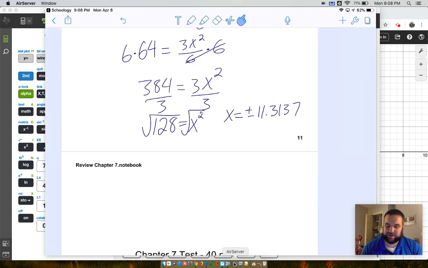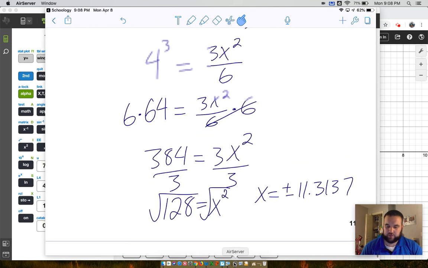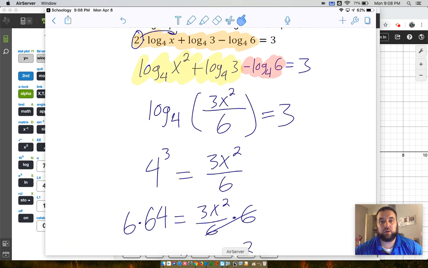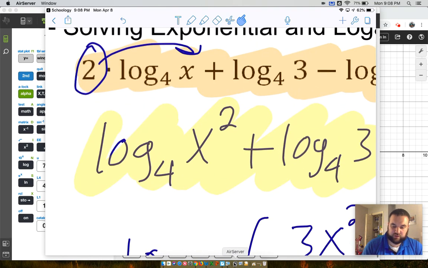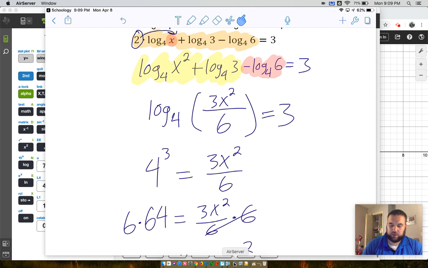What's kind of nice about these log equations is I can't take the log of a negative number. And if I look up here, the original question did just ask me to take the log of x. Because that was the way it was originally written, I can't have a negative x value. So that means I do have an extraneous solution.